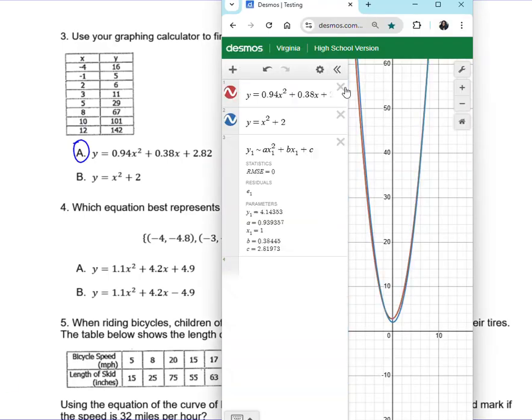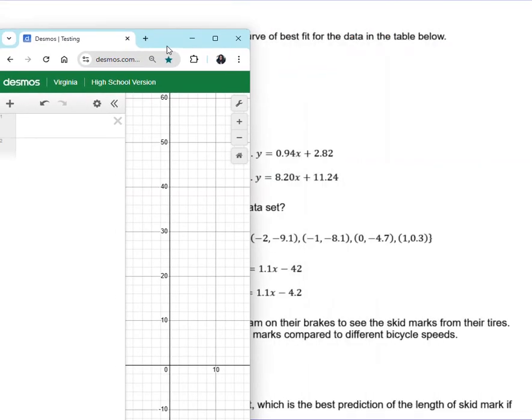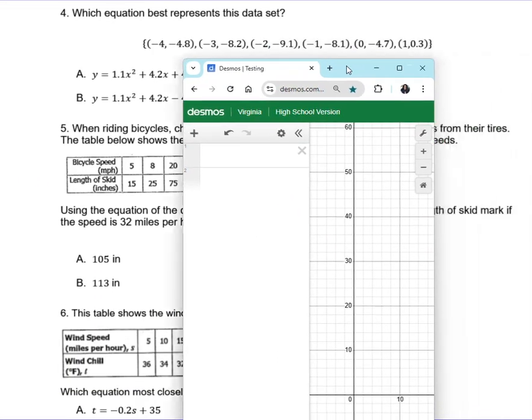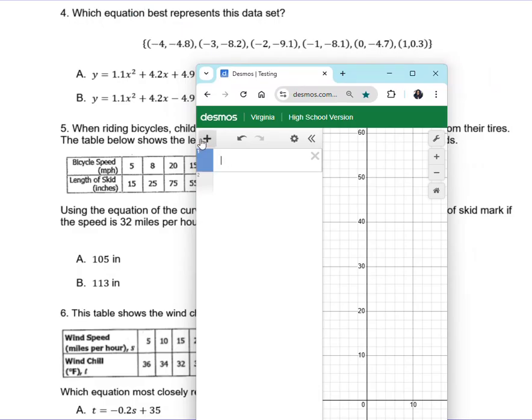So for the next one, I see that I have coordinates. I'll put them in Desmos using a table. So this is just saying -4 goes to -4.8 and so on. Okay, so that's how you would put the coordinates in Desmos.